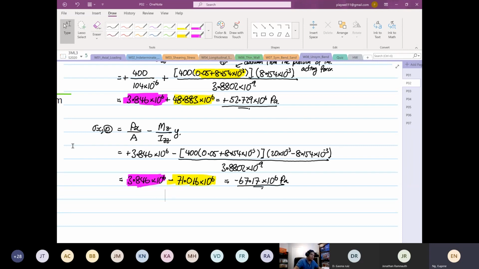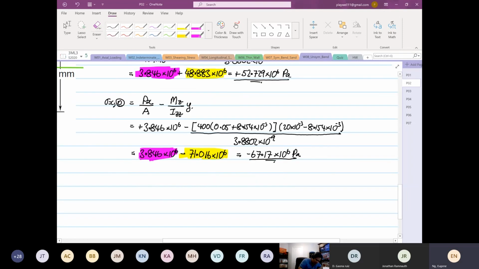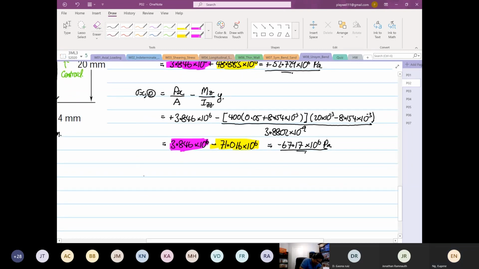So if you look at what I've highlighted in yellow relative to pink, the stresses induced by bending is what? Higher than what? Axial loading. Axial. Yeah. So it's always the fact that the stresses induced by bending moment is higher than axial stress.